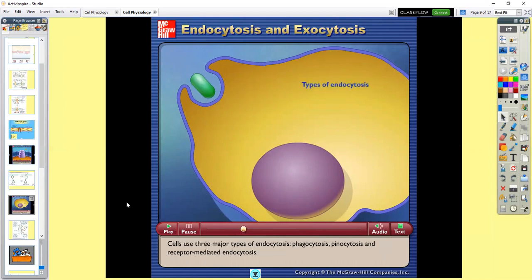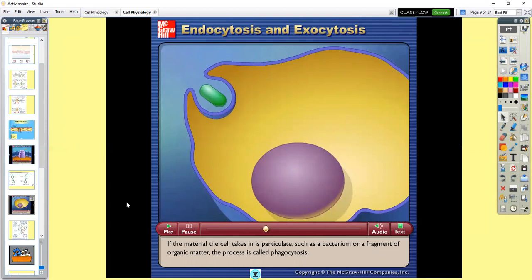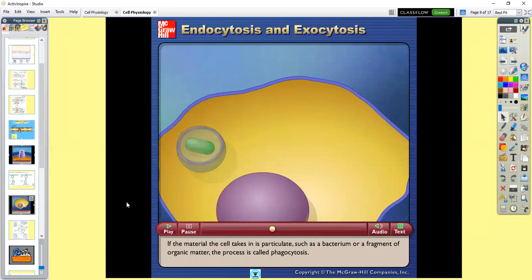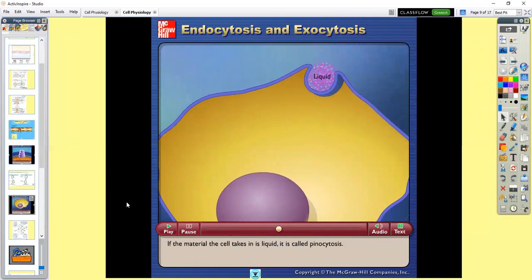Cells use three major types of endocytosis: phagocytosis, pinocytosis, and receptor-mediated endocytosis. Don't worry about the last one. If the material the cell takes in is particulate, such as a bacterium or a fragment of organic matter, the process is called phagocytosis. Solid. If the material the cell takes in is liquid, it is called pinocytosis.